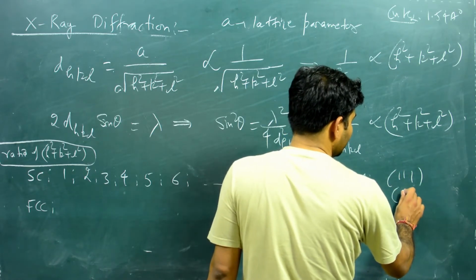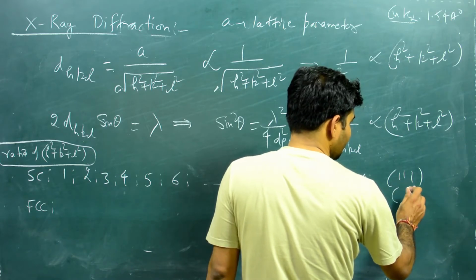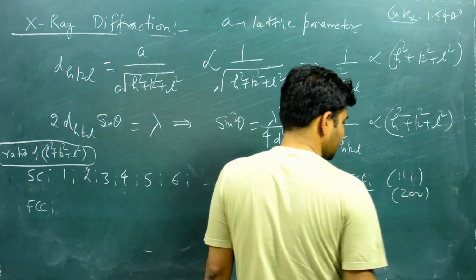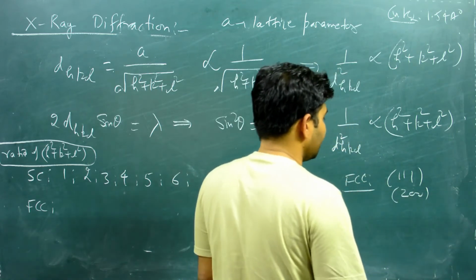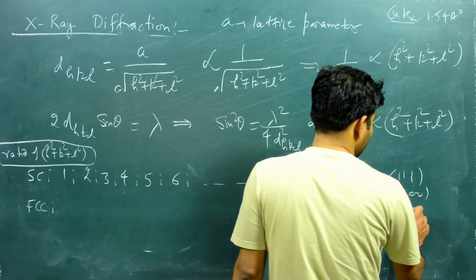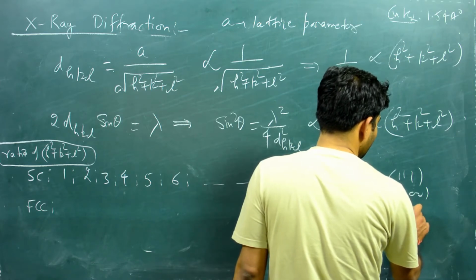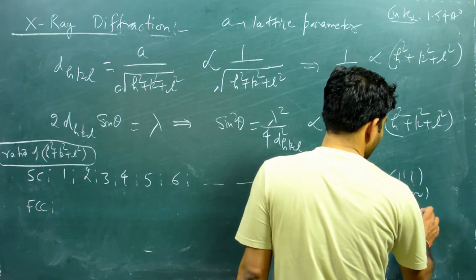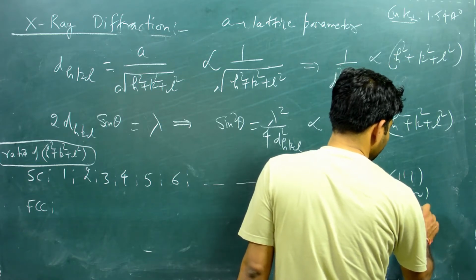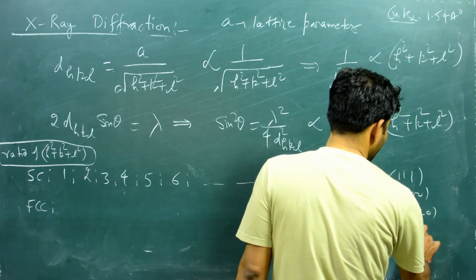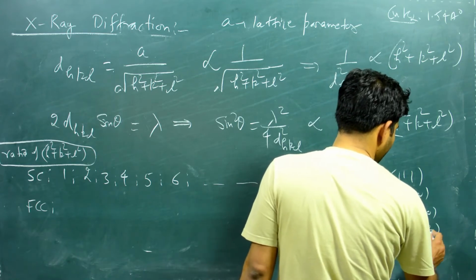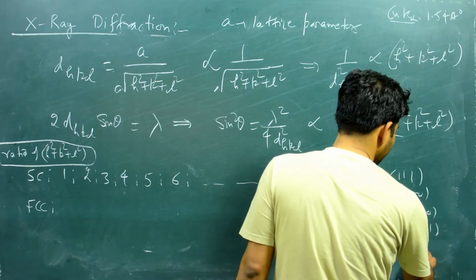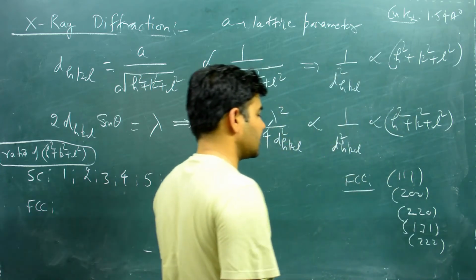Then 211 and 201 again are not allowed because it's a mixing case. So 200 is allowed. Okay, and then 220 is allowed, 222 is allowed, and before 222 there would be a term called 131 that is also allowed, because 1 plus 9 plus 1 is 11, and this is 2.